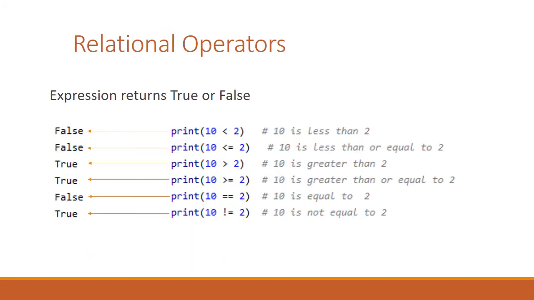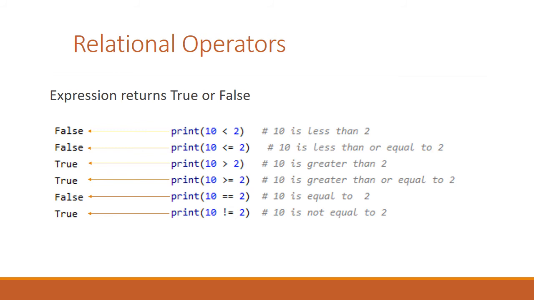So here are some examples that you can test in your Jupyter notebook. The expressions return true or false. So we could ask the question, is 10 less than 2? False. Is 10 less than or equal to 2? False.